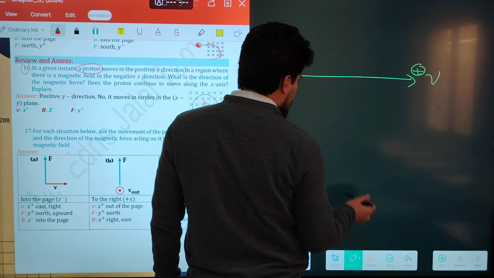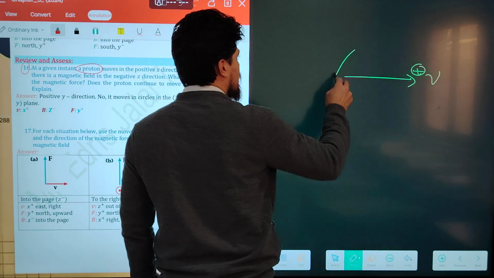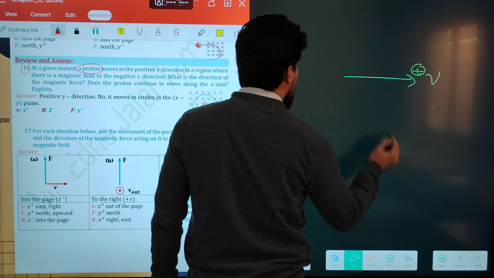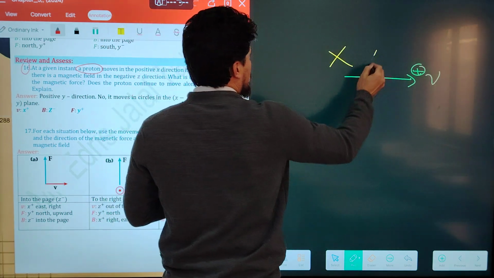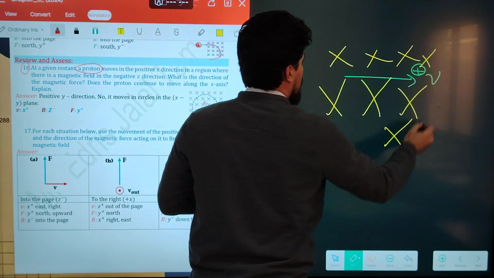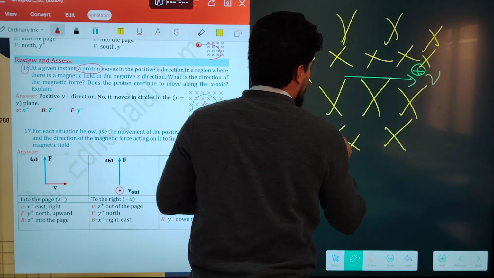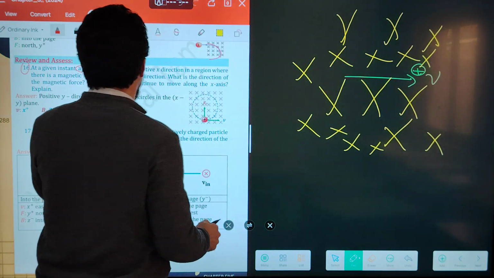Field, negative z, means that the direction of the magnetic field is into the page. Okay? The field is into the page.